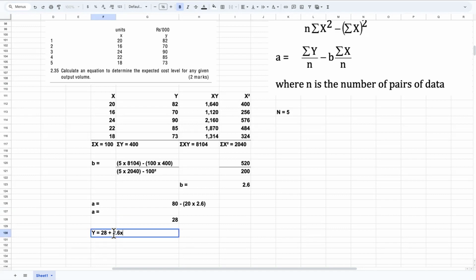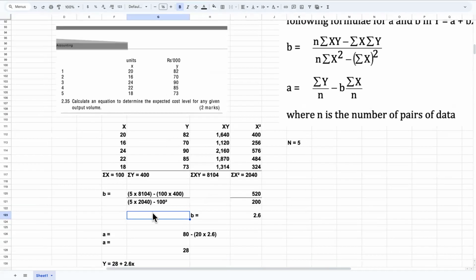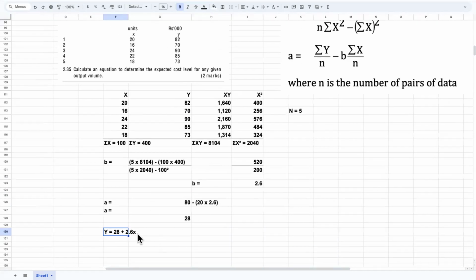Whatever the given inputs, like the independent variables, whether 30 units, 50 units, or 60 units, we can calculate the y value, and the y value is the cost. So this is the formula: y is equal to 28 plus 2.6x. You got the point, my dears?